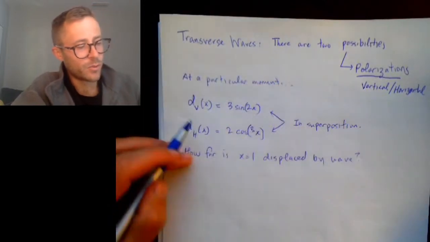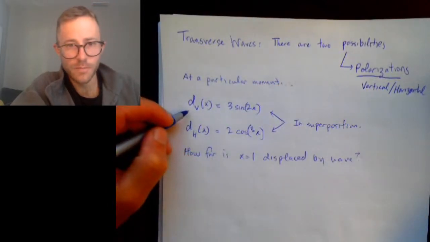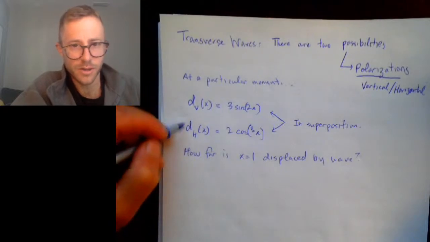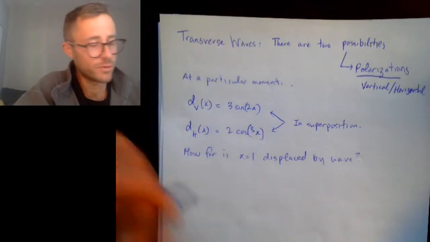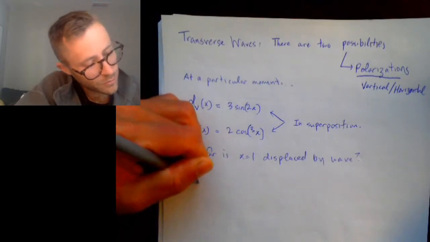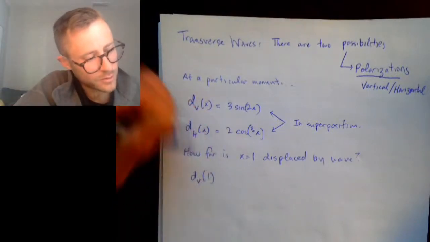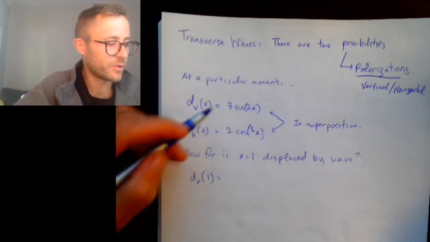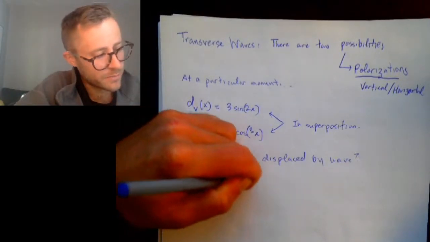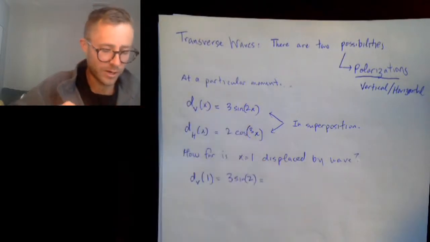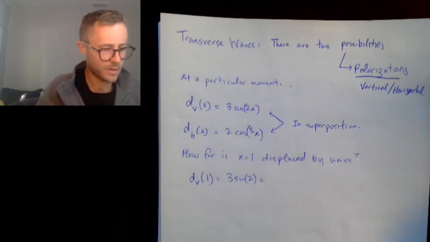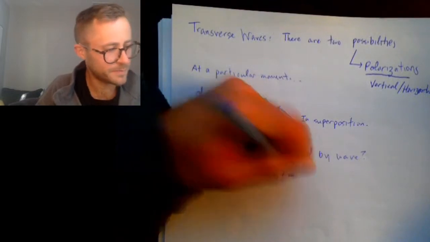All right? So what I'm going to do is find the vertical polarization evaluated at 1, and then find the horizontal polarization evaluated at 1. So the vertical displacement at 1 is going to be 3 sine of 2. Again, my calculator is in radians mode for this calculation. And I get 2.7 meters.